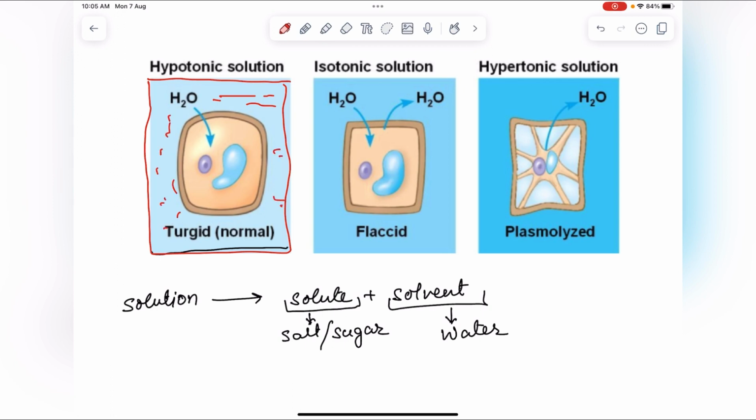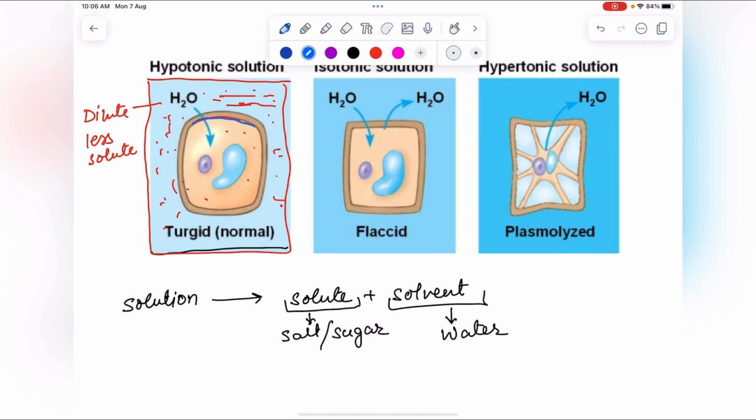The external solution is dilute, with less solute, so the water concentration outside will be more, and inside the cell the water content will be lower as compared to the solution.